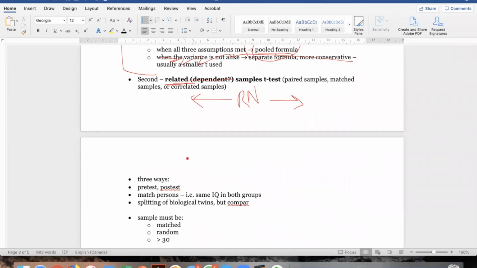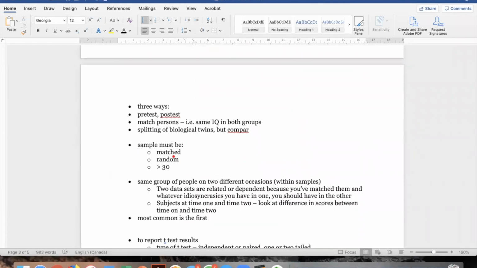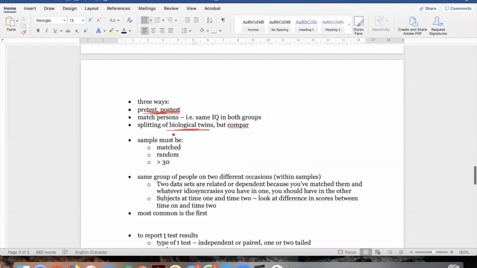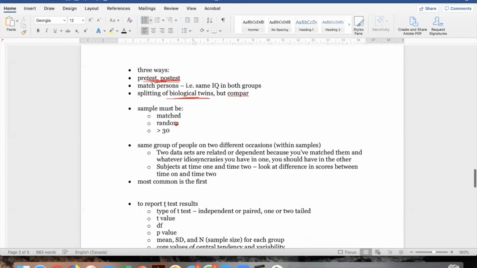For your related samples, this is what you're going to work with probably, pre-test, post-test. It could also be two groups of people who have some similar attribute, and again the biological twins, but we're not going to do that. The sample must be matched, random, greater than 30.